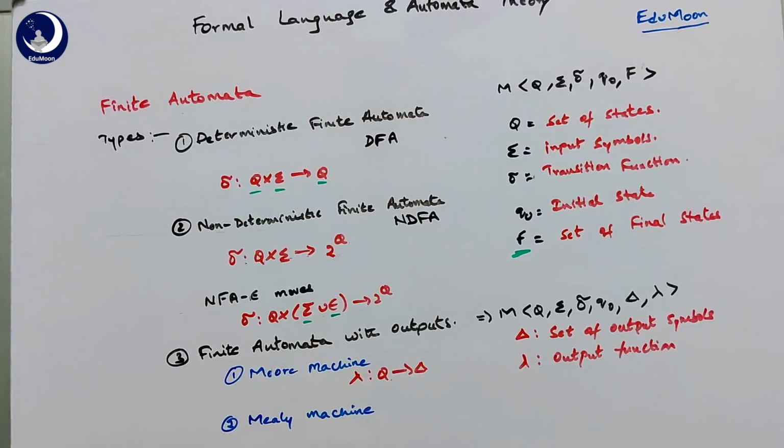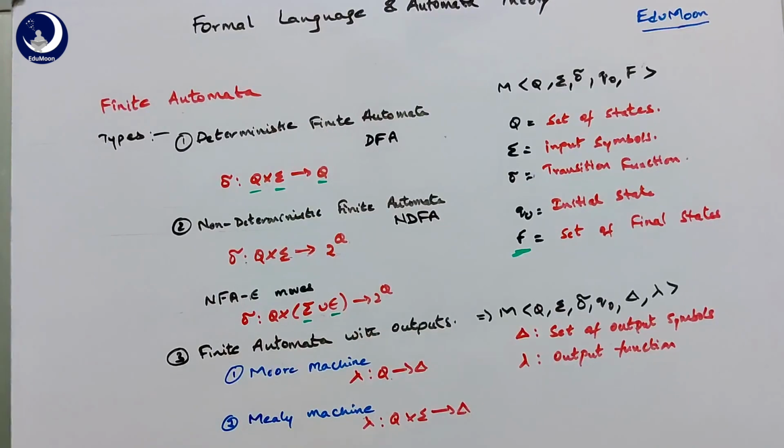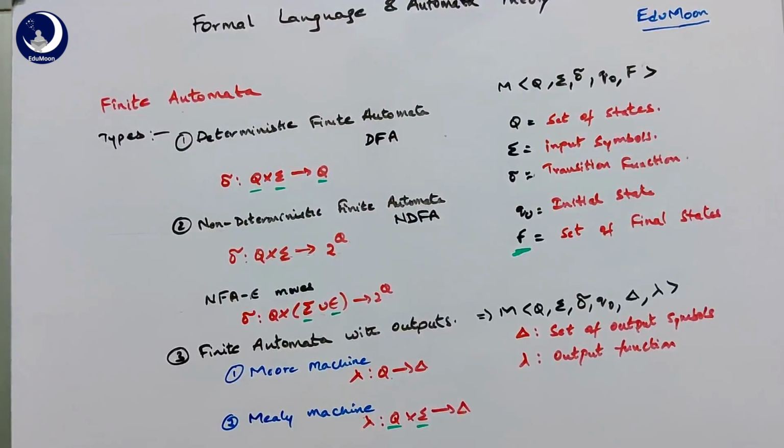So the lambda function is Q cross sigma goes to delta. It indicates that the output depends on the state and the input symbol.